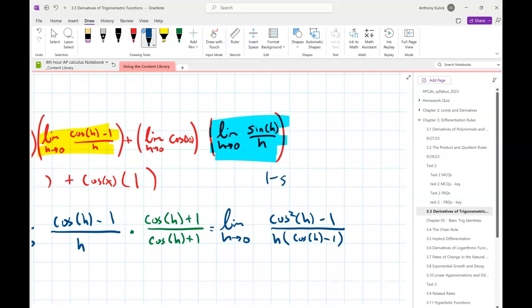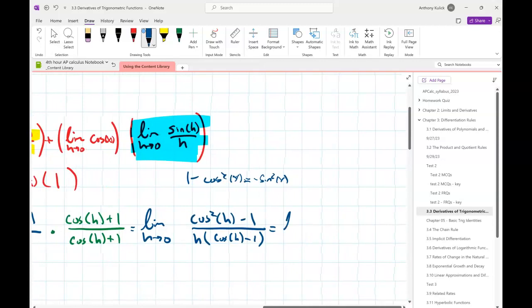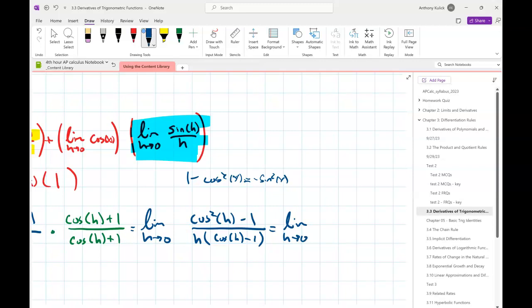Well, I know 1 minus cosine squared is sine squared. So that's negative sine squared, yeah. Are you going, at this point, Mr. Kulik, I have to remember these trig identities? What's my answer going to be? Yes, we do have to have those still.